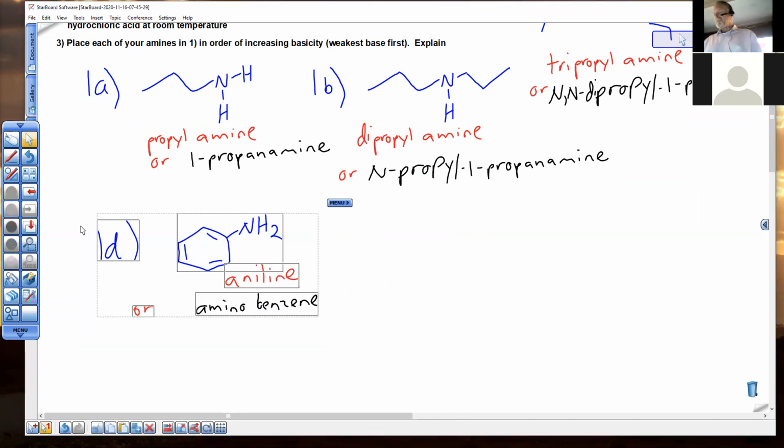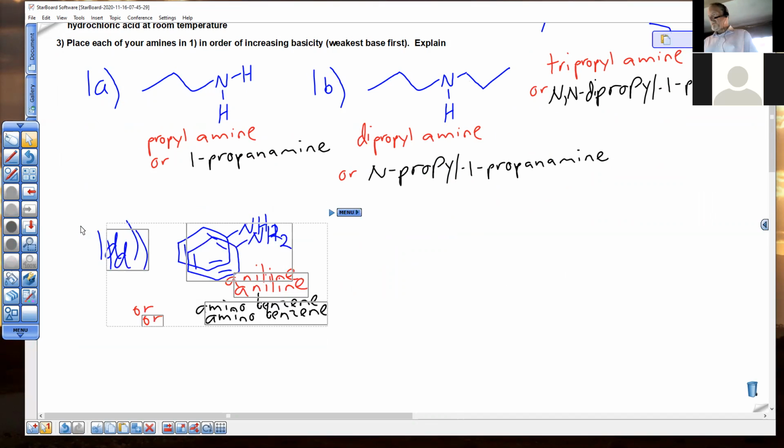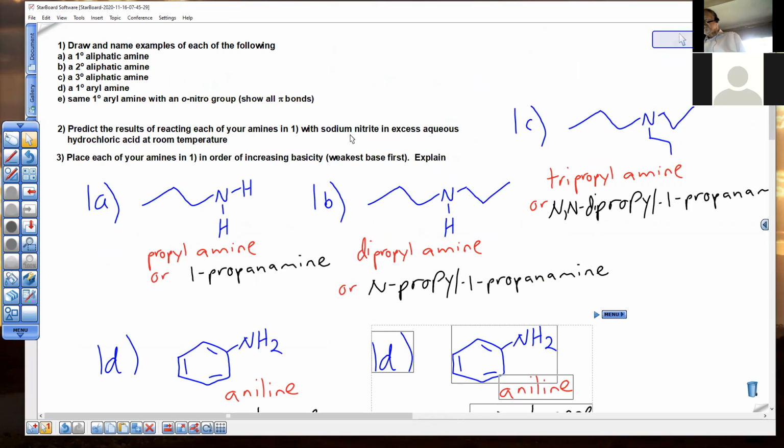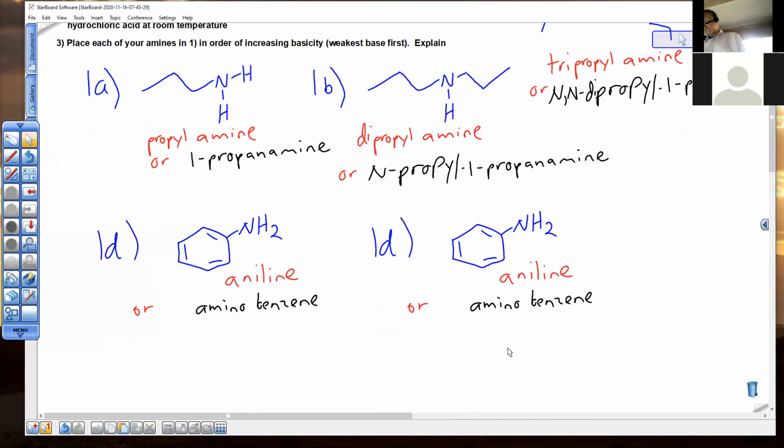And for E, we're just going to put a nitro in the ortho position, if I remember correctly. Same aryl amine with an ortho. That's what O stands for, ortho. All right, and it'll be ortho-nitroaniline, and we're supposed to draw it with all the pi bonds showing. That way you're also going to have to show formal charges. We need to know nitro is a very unique group. It's got adjacent plus and minus in a zwitterion fashion.